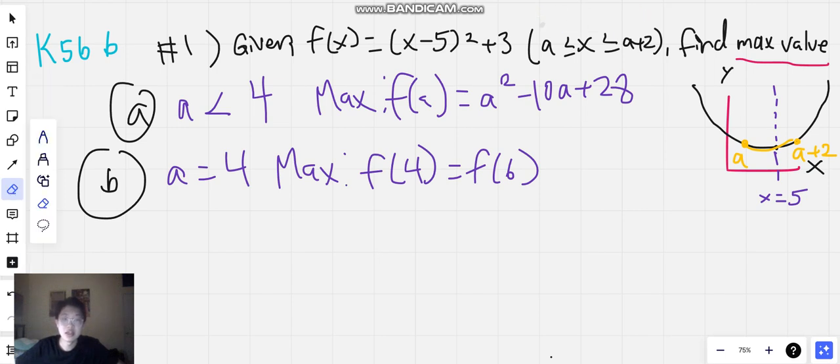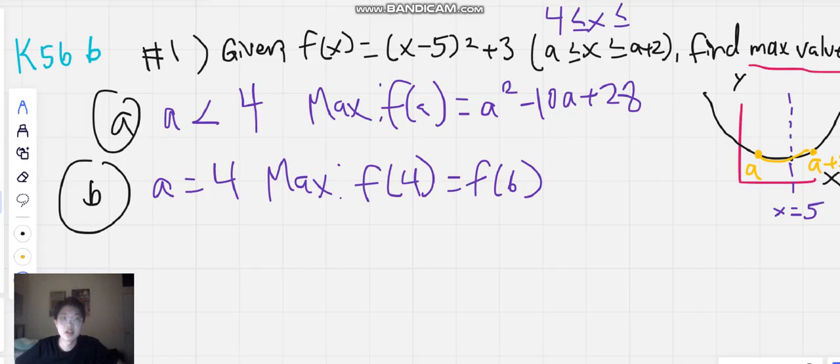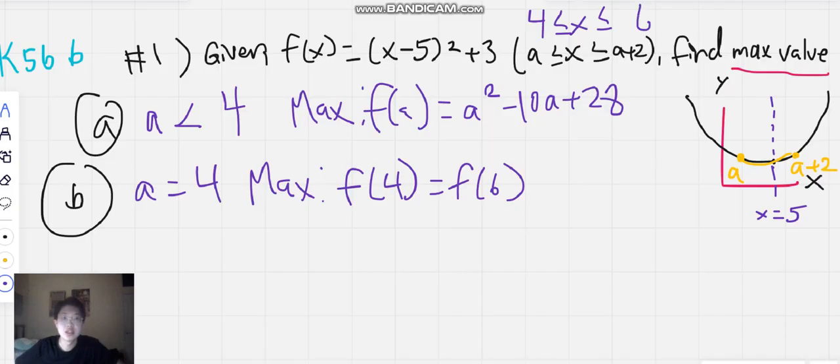And that kind of makes sense because if your interval is from 4 to 6, each boundary is just 1 unit away from the vertex, which means they will have the same y value.